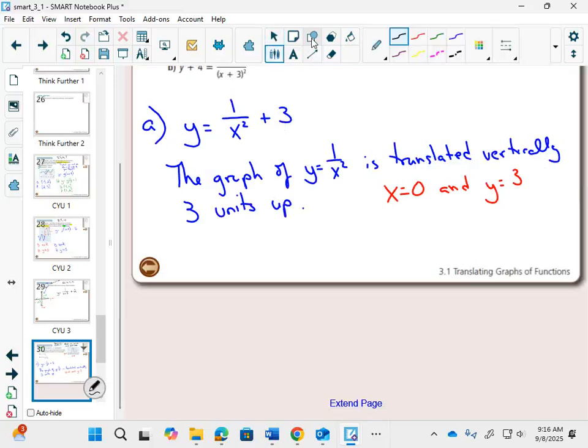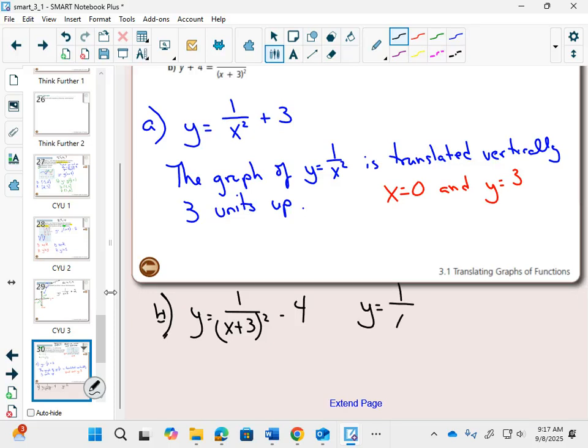Then part B. Maybe I want to rearrange this. Yes, I'm going to take some time. I'm just going to rewrite it as 1 over x plus 3 squared minus 4. And I'm going to take out my highlighter because the original equation is this, right?